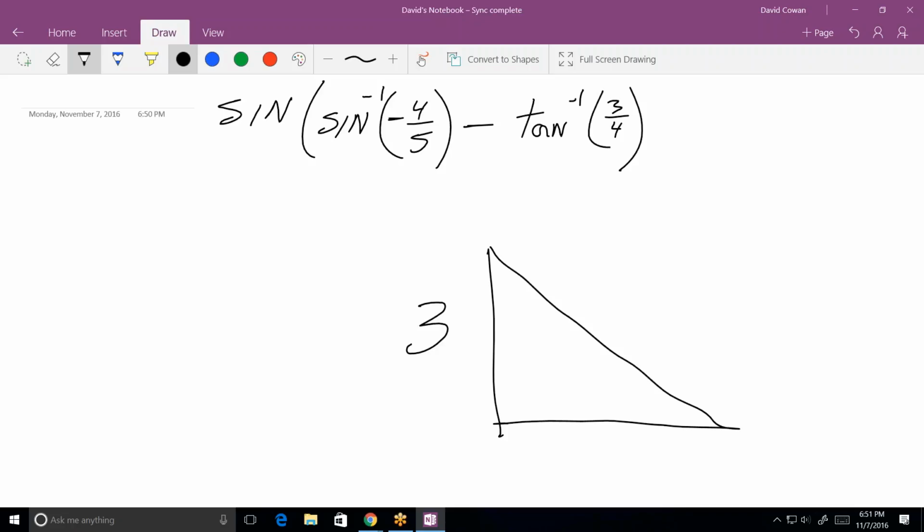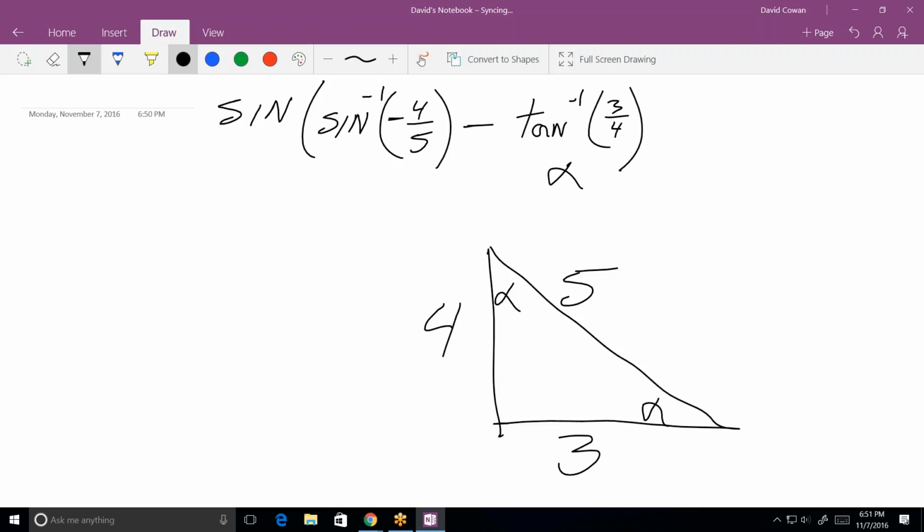It's the 3/5 triangle. Let's make this side 4 and this side 3, and this is going to be alpha. Notice that that's alpha, first quadrant. Inverse tangent of 3/4 is first quadrant. Excuse me, I got the wrong one.